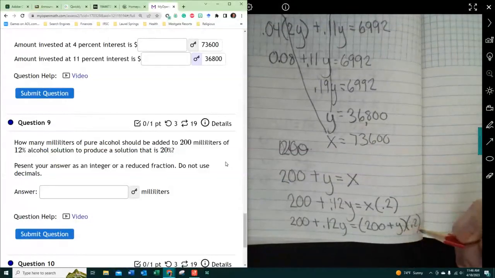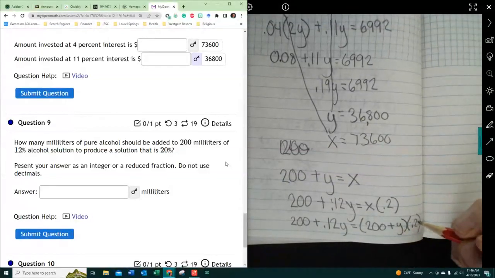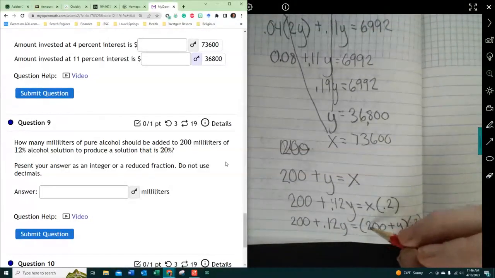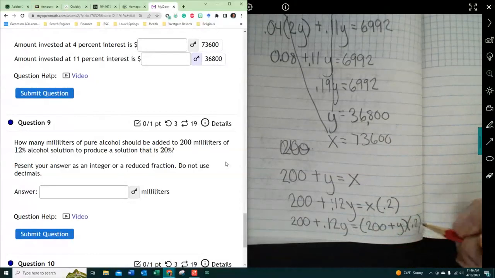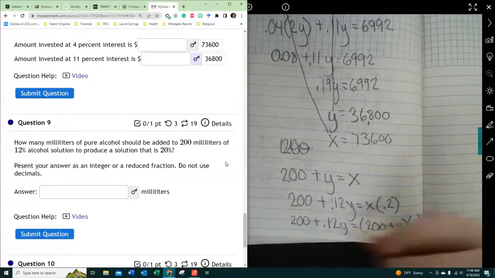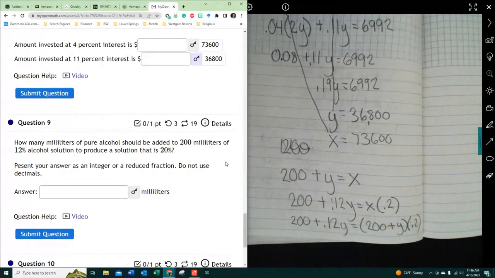And then this is nothing more than me using the calculator again. I'm going to take 0.2 of 200, and then 0.2 of Y, and isolate for Y. So I'm going to just use a calculator to do all that.